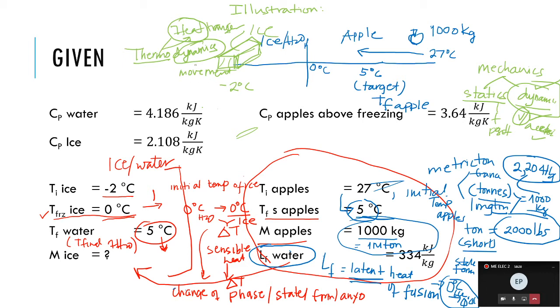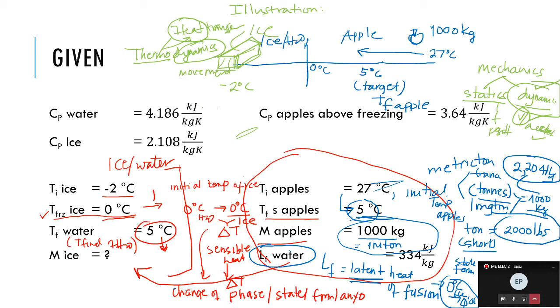So thermodynamics is transfer of heat, movement of heat. Most of the time it's mechanical, but even if there's no mechanical or machine, heat can be transferred like that of the apple. What I'm saying is we should understand that there's a transfer of heat.